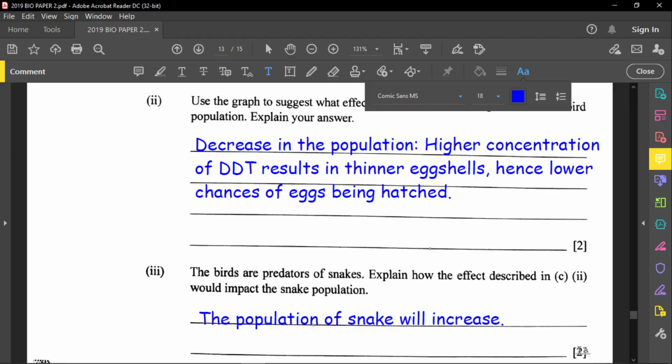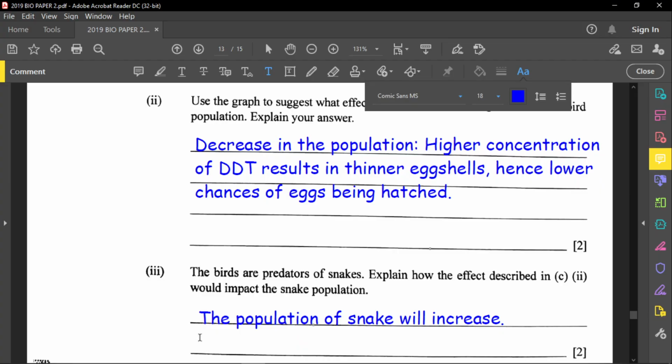Now let's jump on to another part of the question, and this is a 2 mark question. The population of snake will increase, and why will it increase? Because the population of bird will decrease, so you have fewer predators.